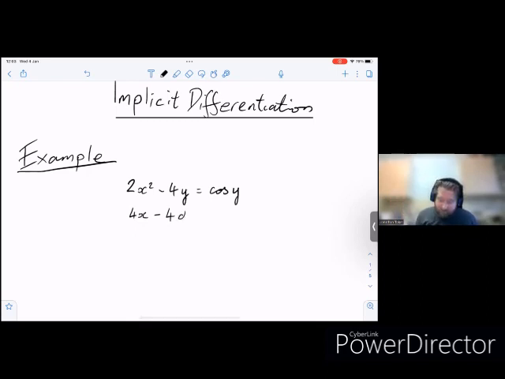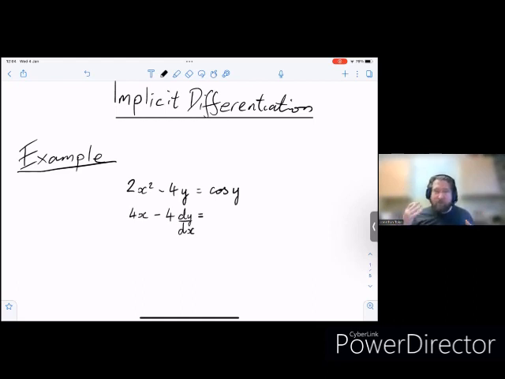So we've got to multiply by dy by dx. So that is true for any function of y. You first differentiate as you would intuitively expect to differentiate it, but then when you've done, stick a dy by dx next to it.